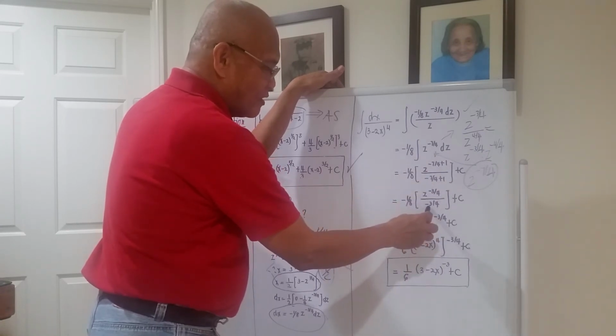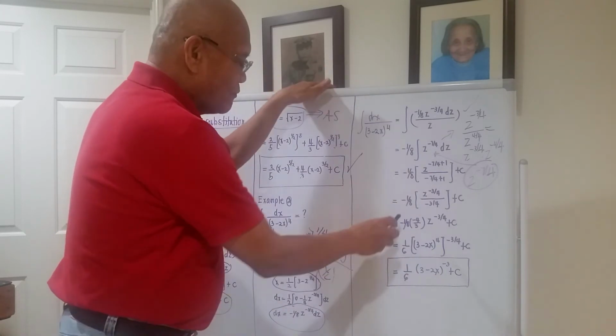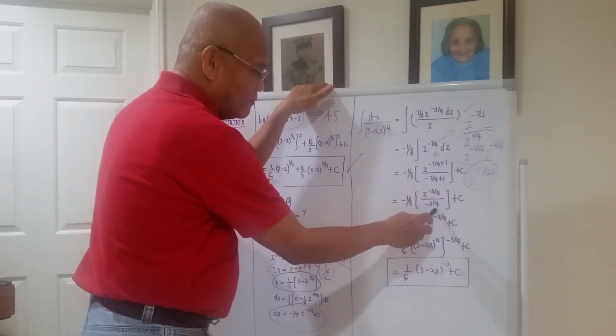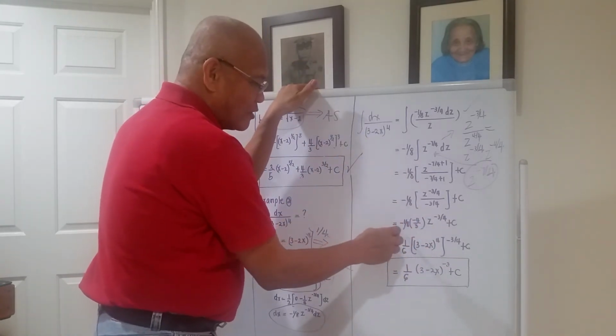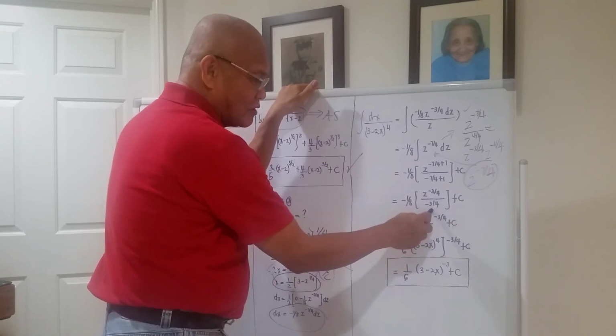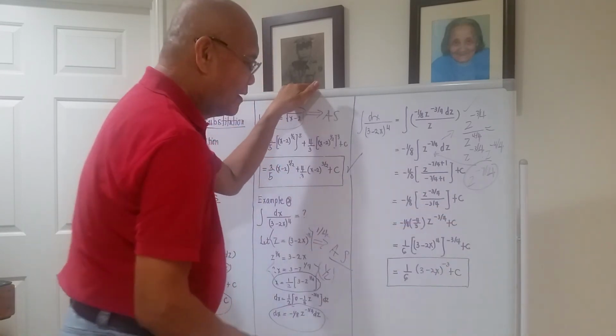Simplifying further, this is minus 1/8. We take the reciprocal of this, so we could multiply this on the numerator. So this is minus 1/8 times minus 4/3, the reciprocal of minus 3/4, times z raised to the minus 3/4 plus c.